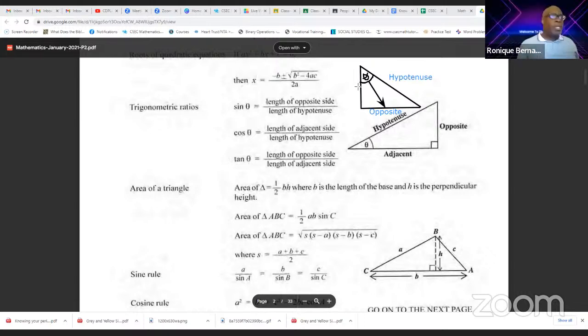So the other line would obviously be the adjacent line to the angle.